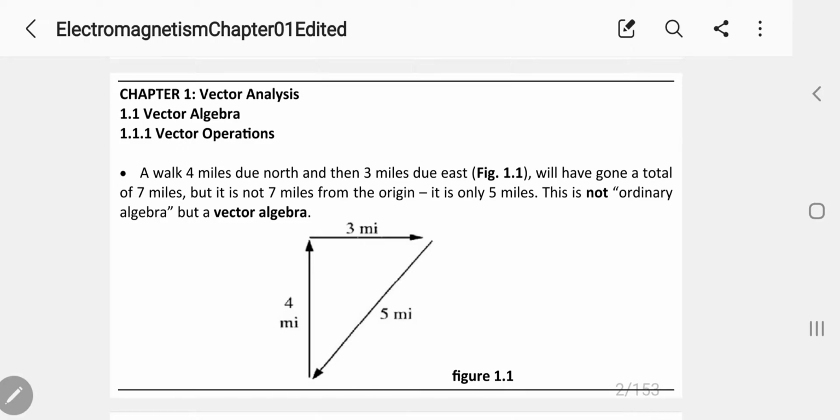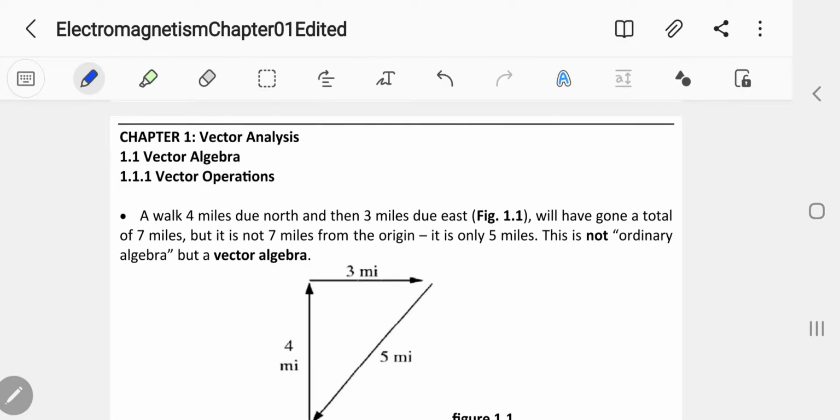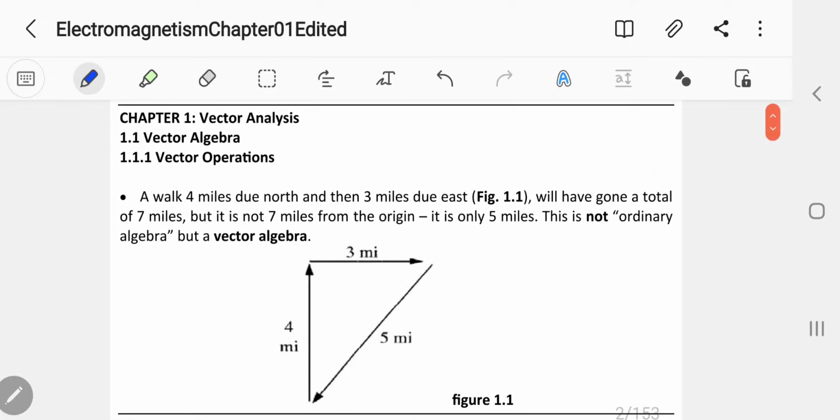In this case, the resultant is 5 miles going to the northeast. If you go back to your origin, you can go in a straight line from here back to your original point.